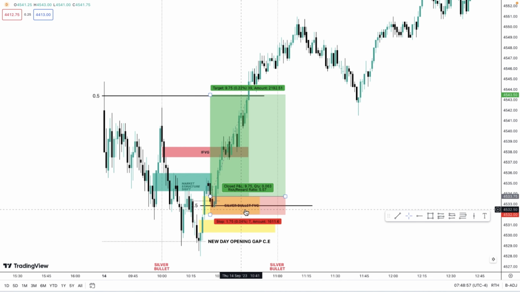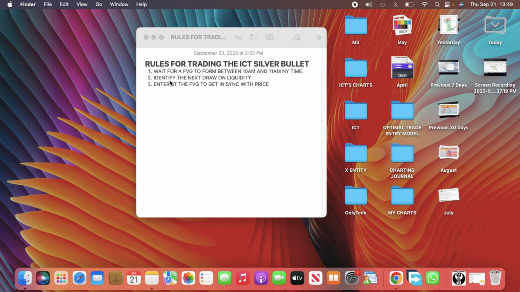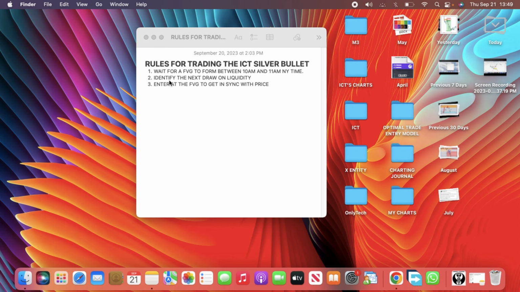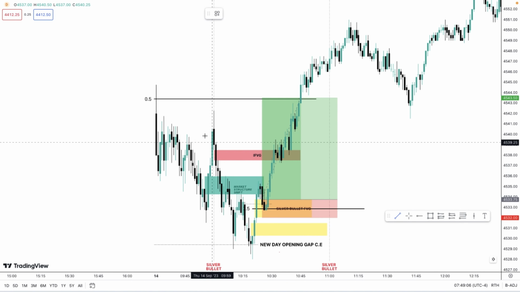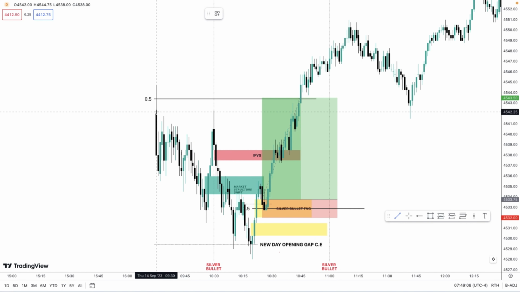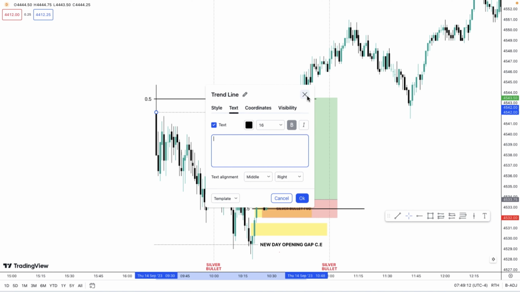Number 2, you have to identify the next draw on liquidity. In other words, where is it going? So in this price action, you can see these relatively equal highs here. These are relatively equal highs, well, at the time in price.